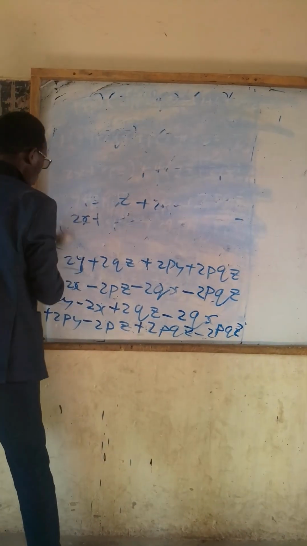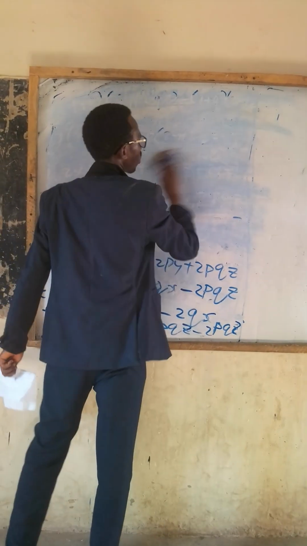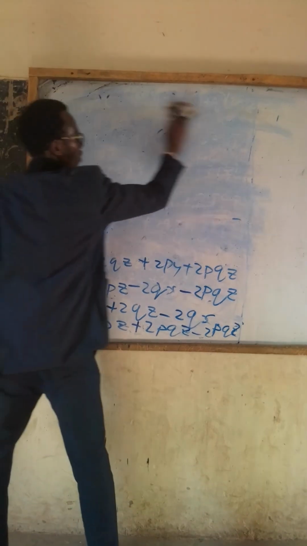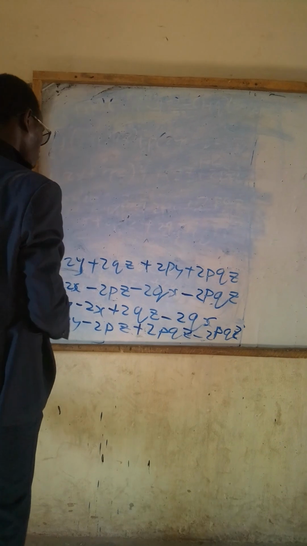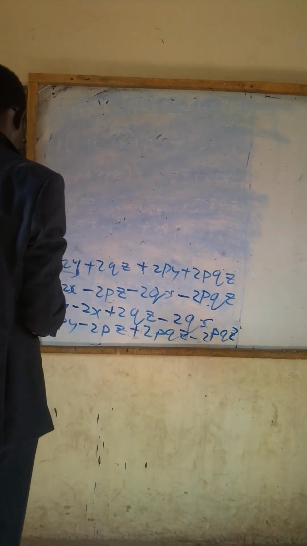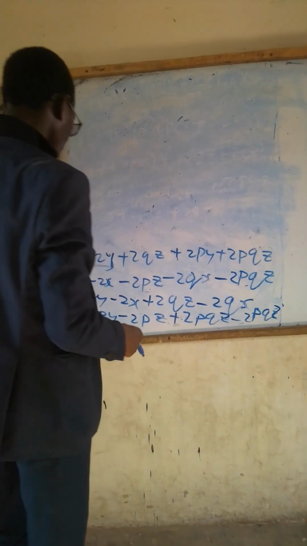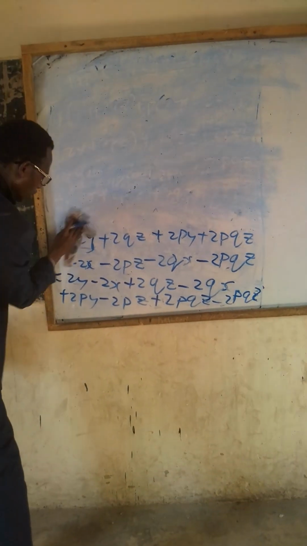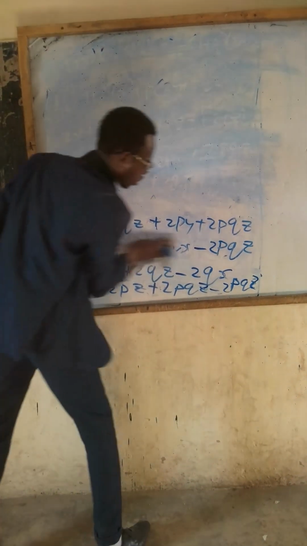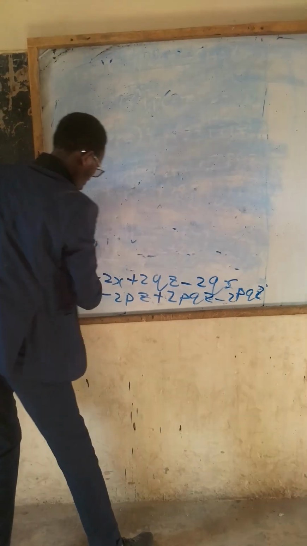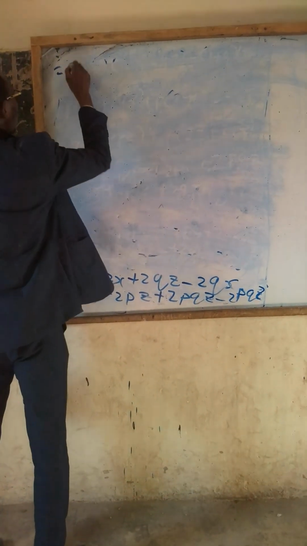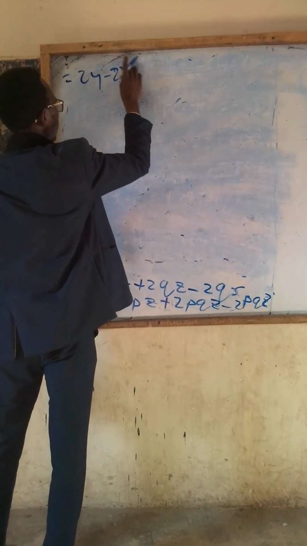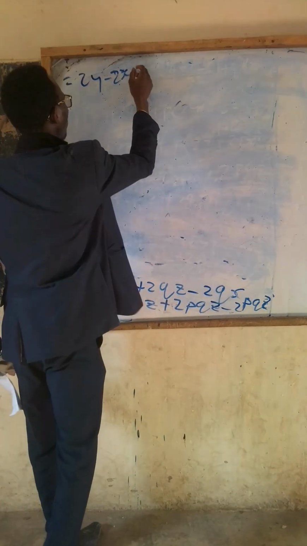When you are solving this problem, please make sure you solve it step by step. So you're going to agree with me that we have right now 2y minus 2x.